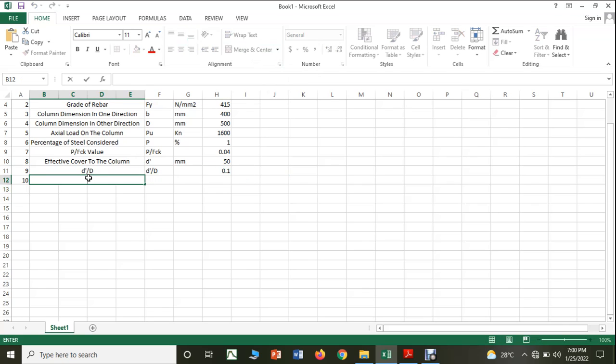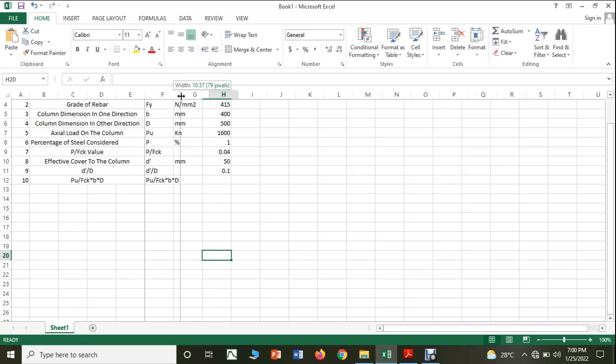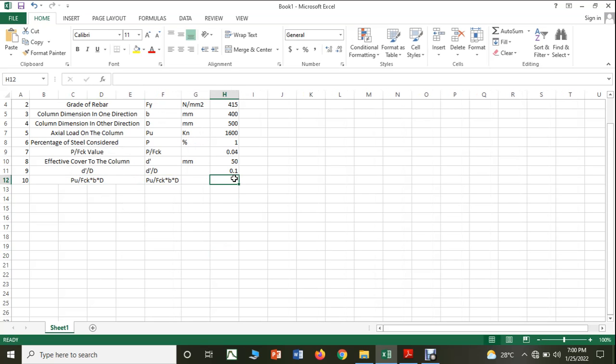It is Pu by FCK into B into D. So this value I am supposed to find out. Same here, no unit. I am supposed to find out Pu by FCK BD.